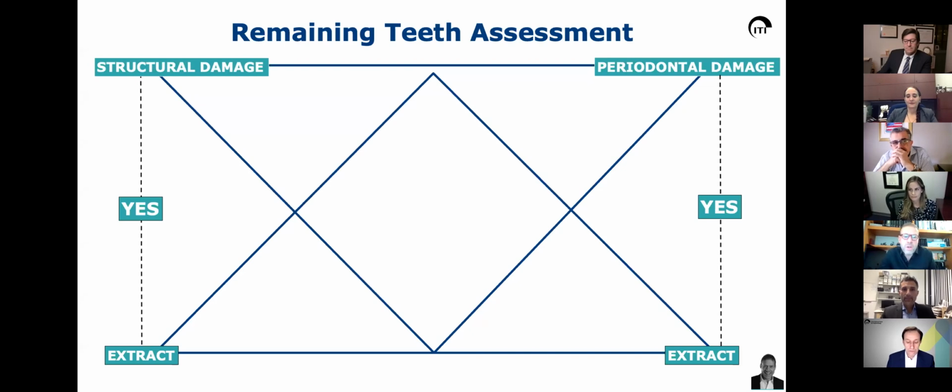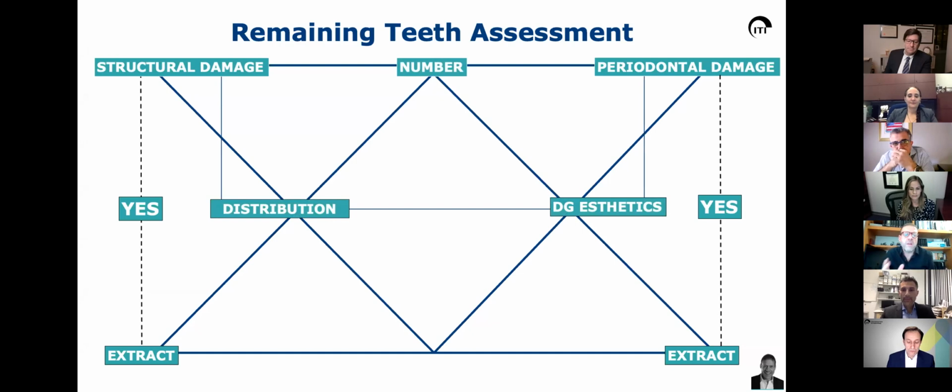But as you all know, sometimes we decide to remove teeth, even in situations in which there's not clear-cut structural damage, nor advanced periodontal disease. And so with this in mind, we'll look at these three different variables, which have to do with the amount of teeth, their distribution, and the dentogingival or dentofacial aesthetic risk, which boils down to the following.